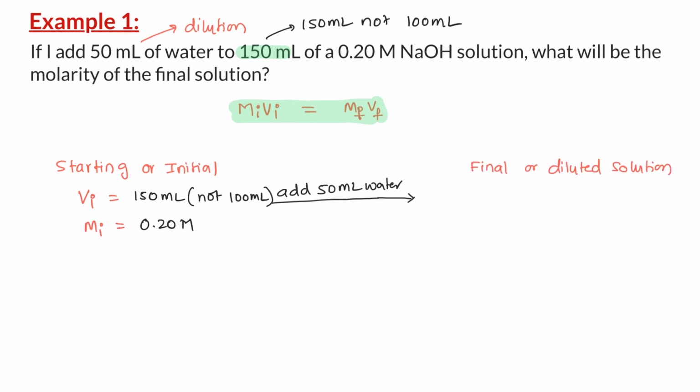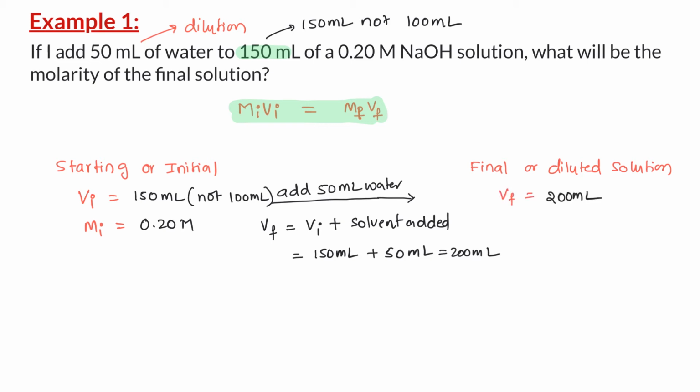Next, we are adding 50 milliliters of water, that is solvent, to this solution. After adding water, the volume of the solution increases. How can we calculate the volume of the final solution, that is after dilution? The volume of the final solution is equal to the initial volume plus amount of water added, that is 150 ml plus 50 milliliters. The final volume is 200 milliliters.